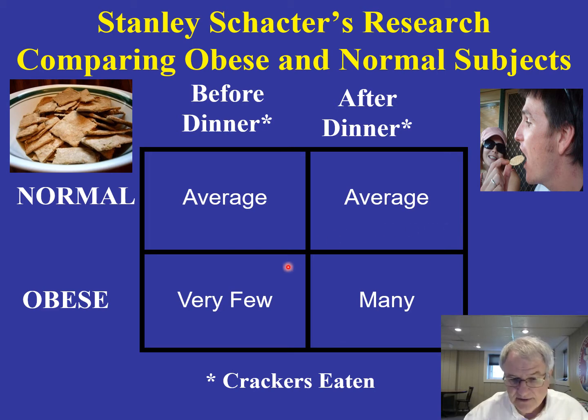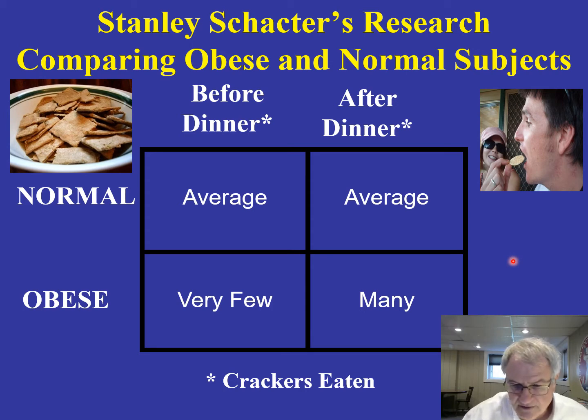Obese subjects, on the other hand, when given information that it was before their normal dinner hour, ate very few crackers. But if they were told that it was after their normal dinner hour, they ate a lot of crackers. So again, this prompted Schacter to think that there seem to be these two different mechanisms that ordinarily are involved in our eating behavior, but the one that predominates in the case of an obese subject is these stimuli that are coming to the individual in terms of time of day.